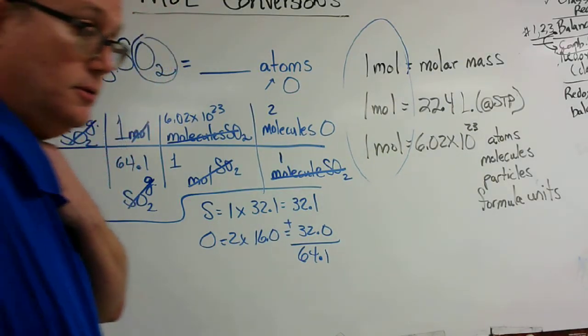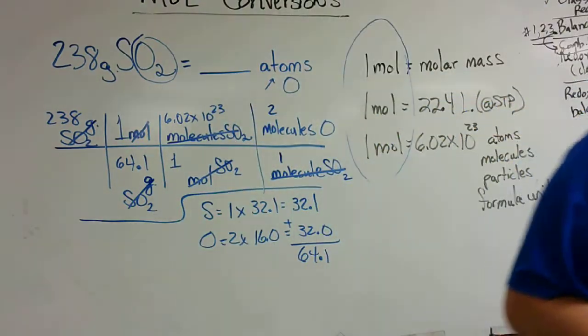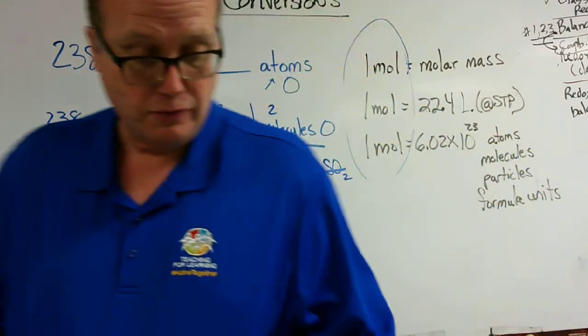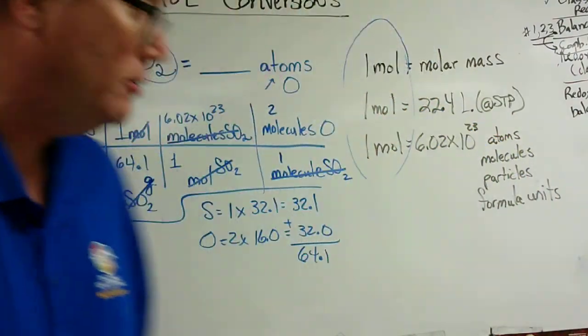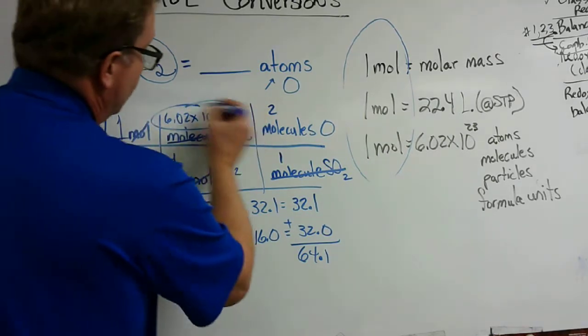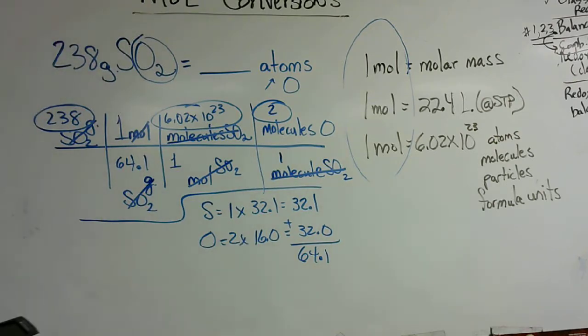Calculator. I misplaced my calculator. Okay, so if we are going to calculate it out, again, you're going to have to make sure that it's matching up. Now you're going to be multiplying these 3 numbers. So 238 times 6.02 exponent 23 times 2 divided by 64.1.